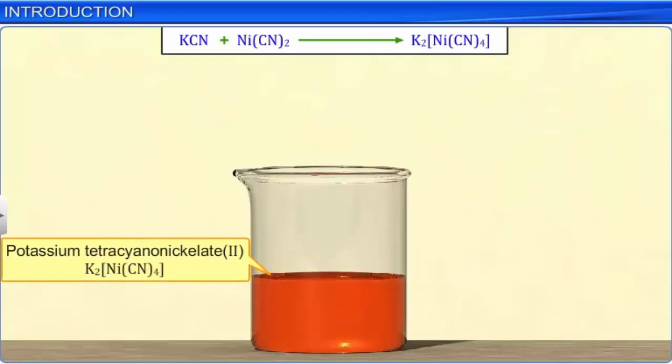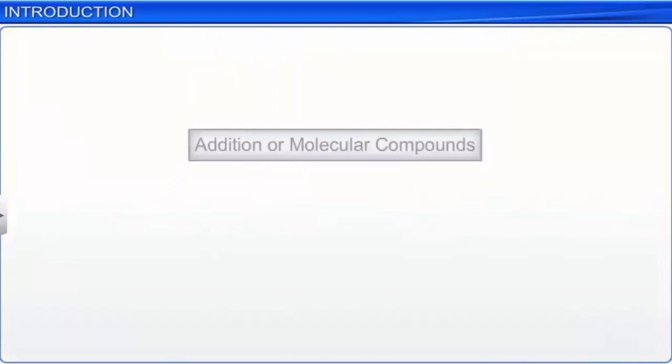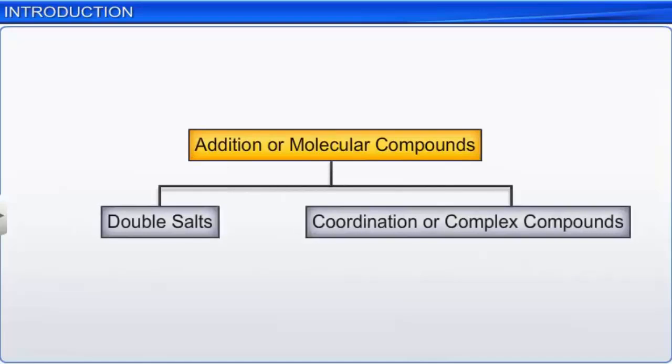On the basis of their nature, addition or molecular compounds are divided into two categories. They are double salts and coordination or complex compounds.